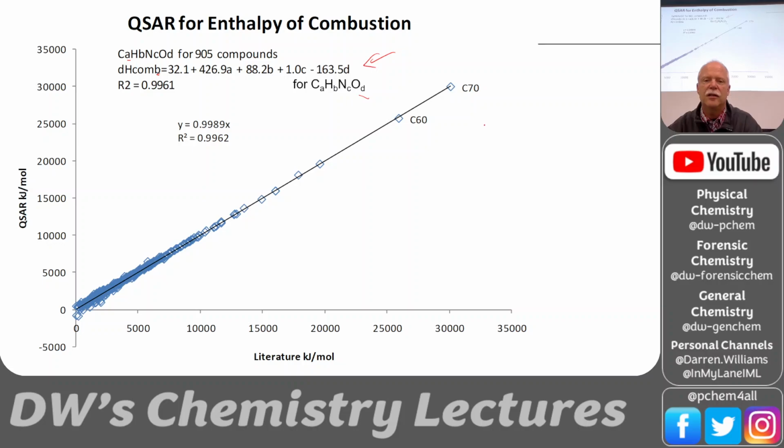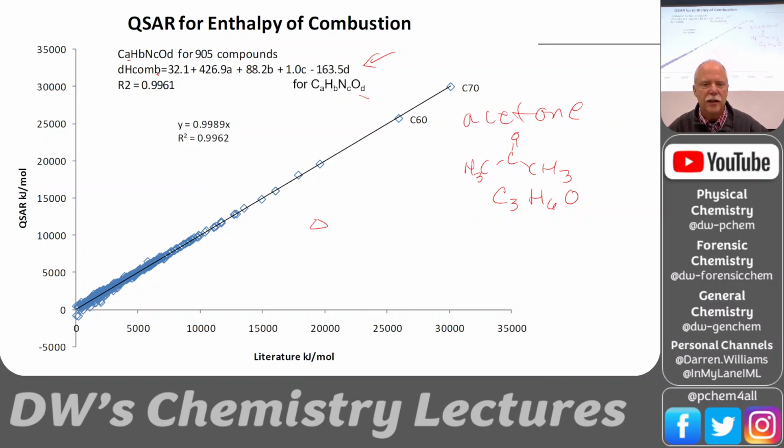So let's do acetone. You know the structure of acetone. We can add it up. It's C3H6, and we can skip nitrogen since there are no nitrogens, and then we have an O1. So C3H6O.